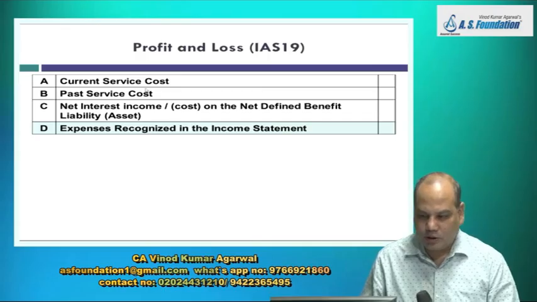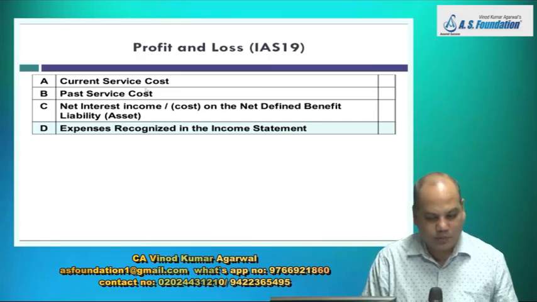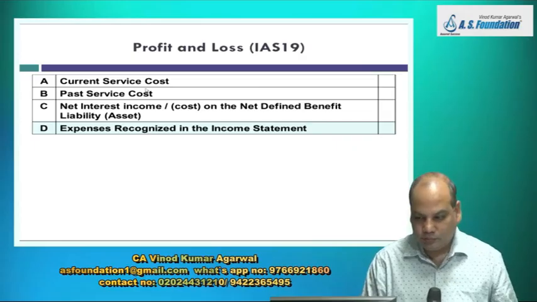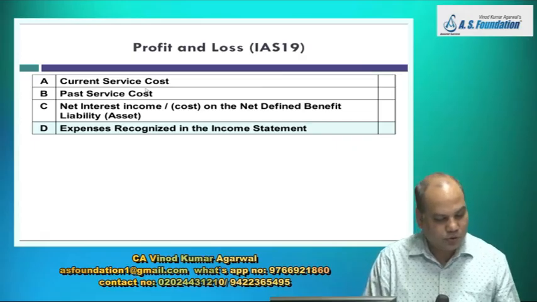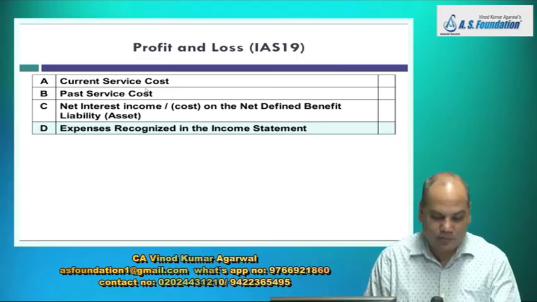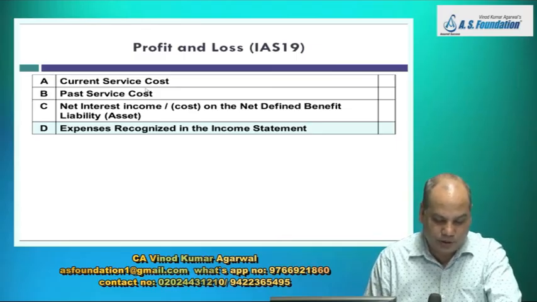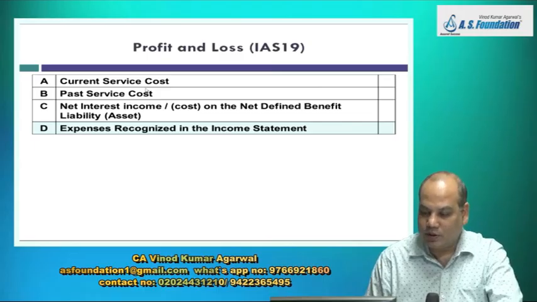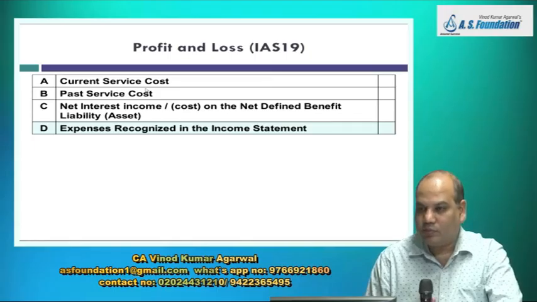In the P&L account, write down the following items: current service cost, past service cost, gain or loss on curtailment and settlement, and then net interest income or cost.